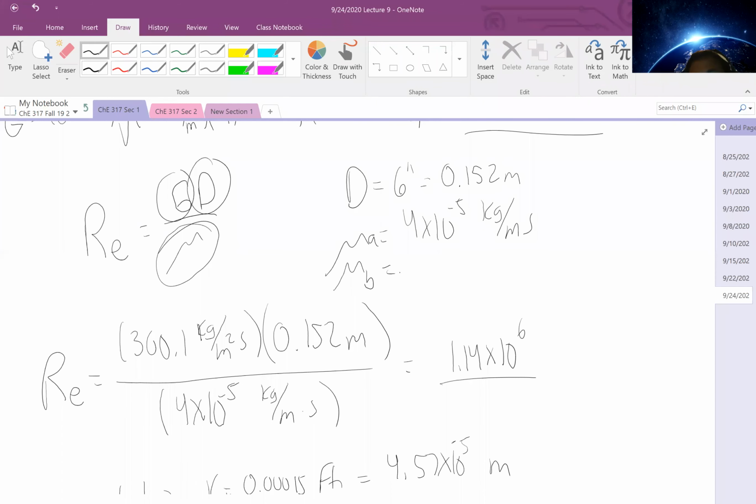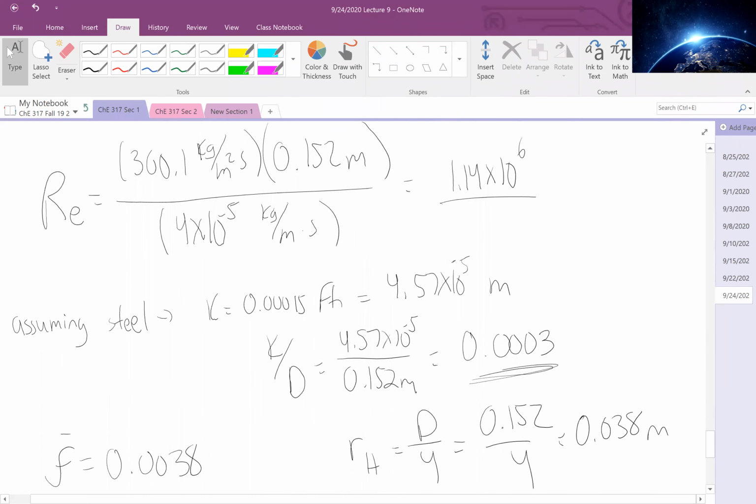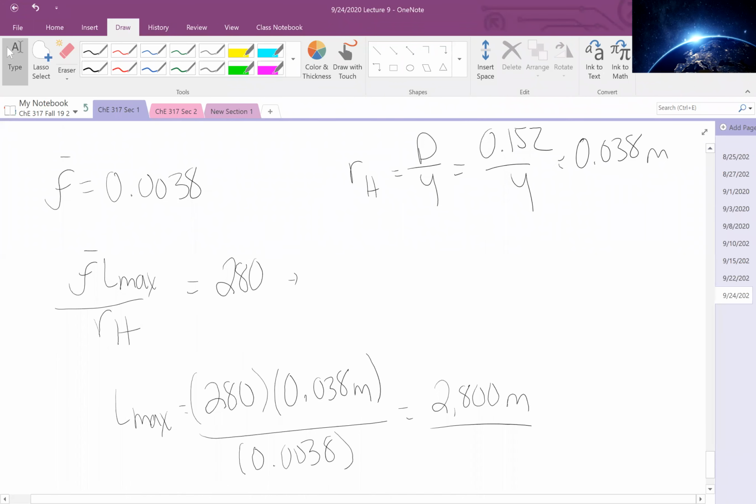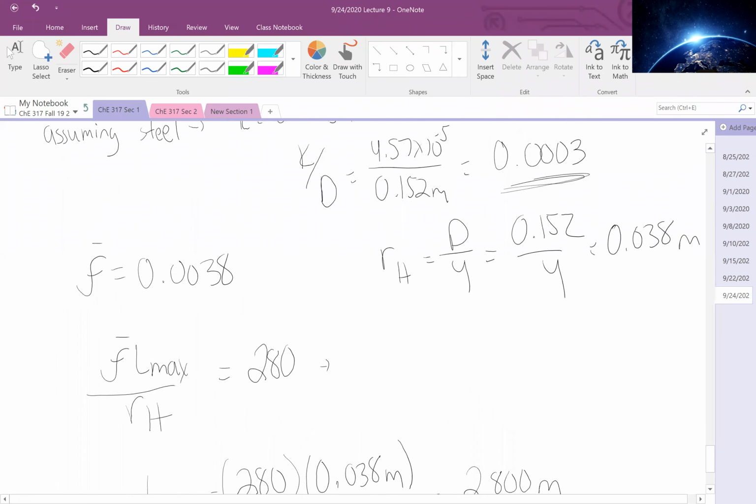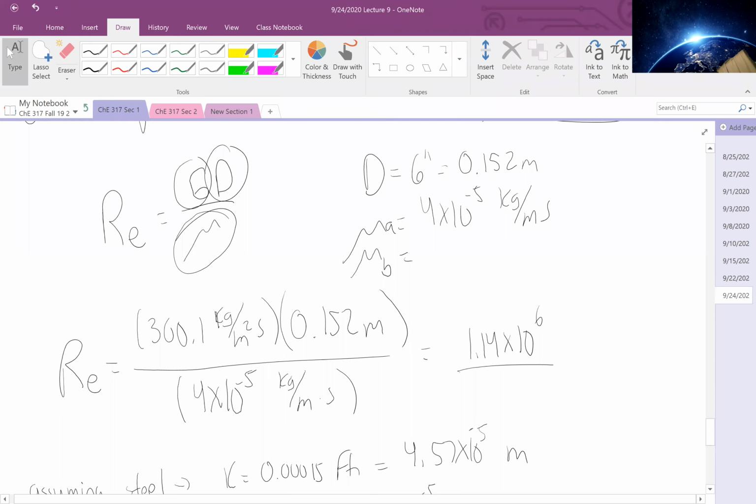And with that, you can look up and identify the viscosity, find your two Reynolds numbers, find your two friction factors, and take the average. I guess for the sake of argument, in this one, I was assuming that F was just F bar, but in reality, you would need to know what the other viscosity is.